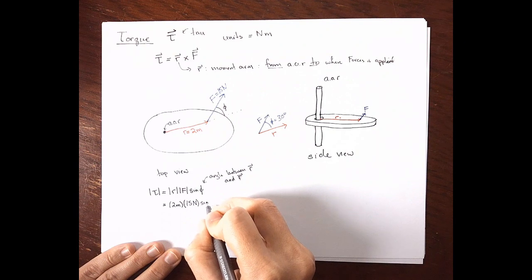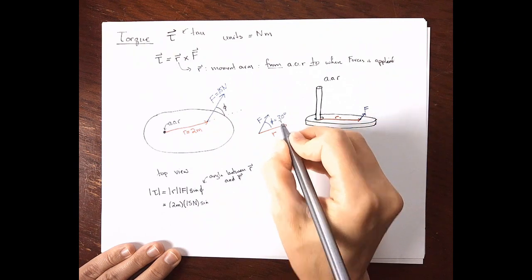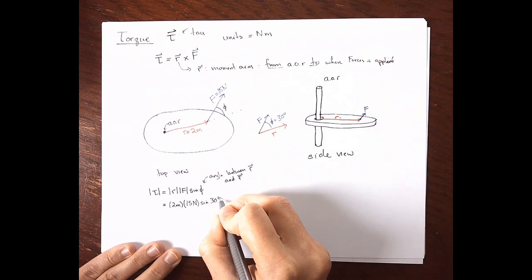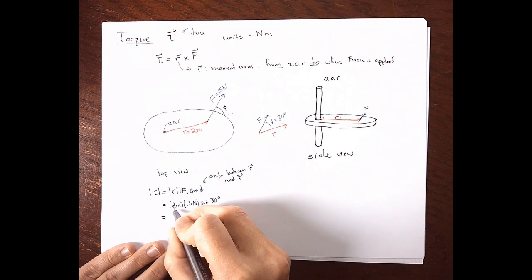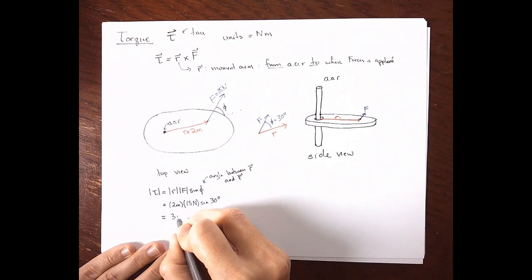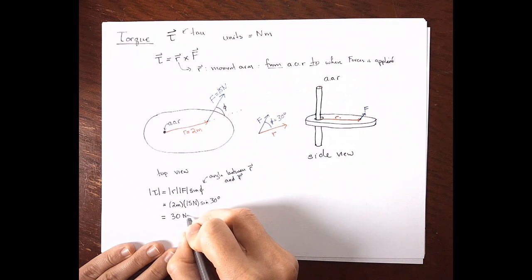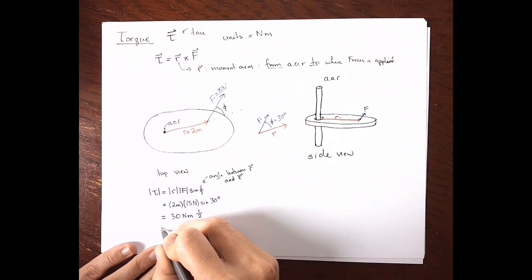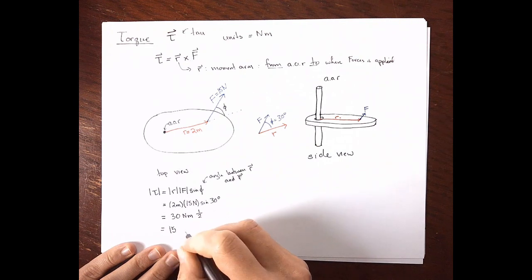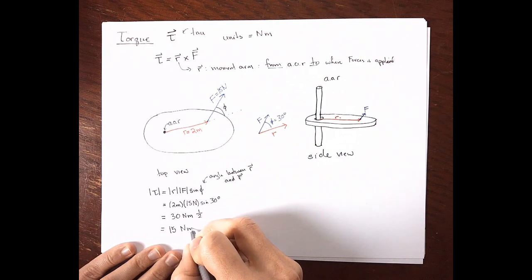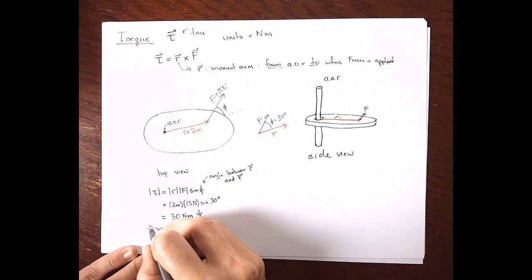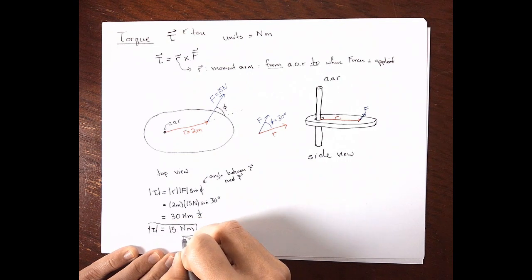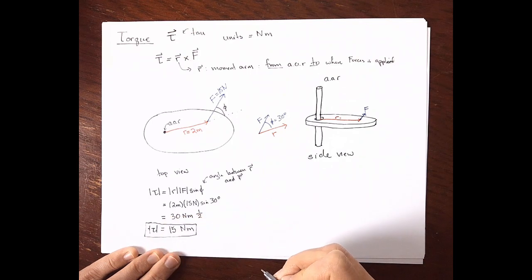And then the sine of the angle between them, or the difference in the directions, that's 30 degrees. Okay, so 2 meters times 15 newtons, that is 30 newton meters. Sine of 30 degrees, that's 1/2. So the magnitude of this torque is 15 newton meters. And again, because it's torque, it's a vector, it's not an energy, we don't convert that newton meters into joules. We just leave it as it is.